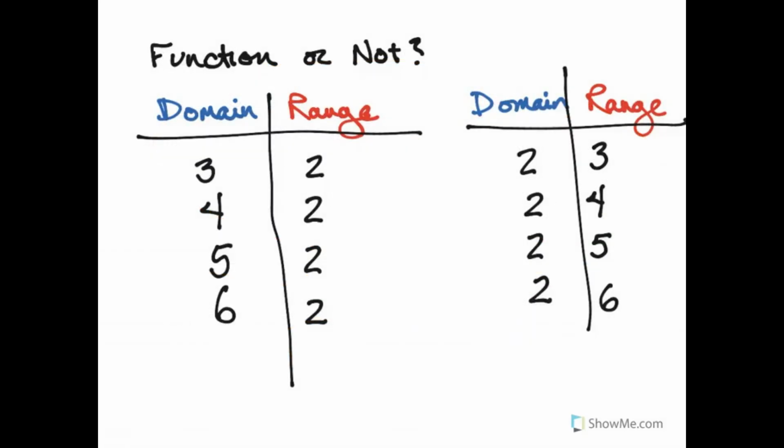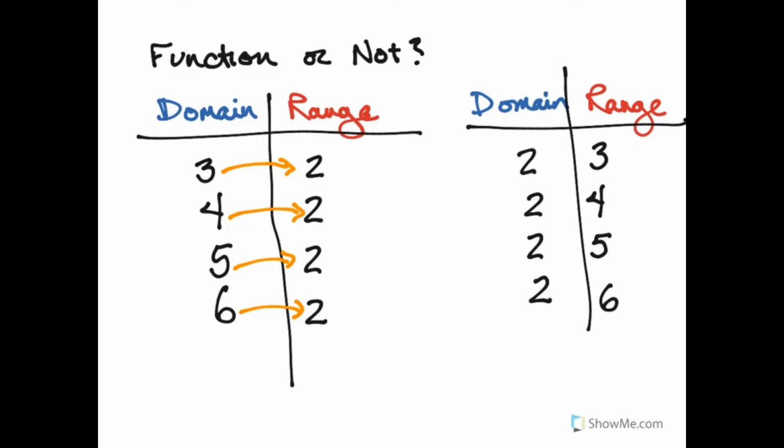Well, which one of these tables represents a function? For the first table, an input of 3 corresponds to an output of 2. An input of 4 corresponds to an output of 2. Each input corresponds to an output of 2, but it's only got one arrow from it to the range.